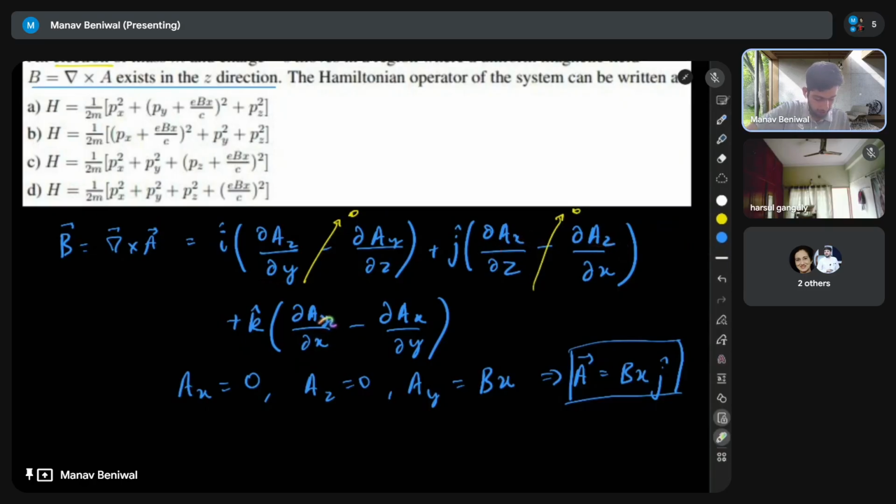And here Ay is bx, so this will just give me b, and this term will go to 0, so I'll have b k cap, right? So if I take A as this, then my B will be b k cap.